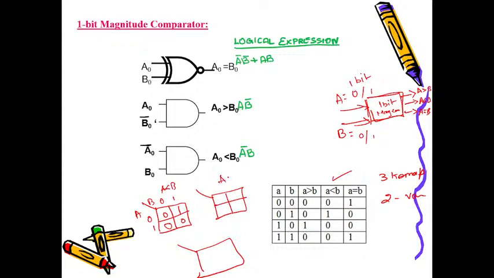Likewise, for A greater than B, this is A, this is B, 0, 1, 0, 1. Here it is 0, 0, 1, 0.